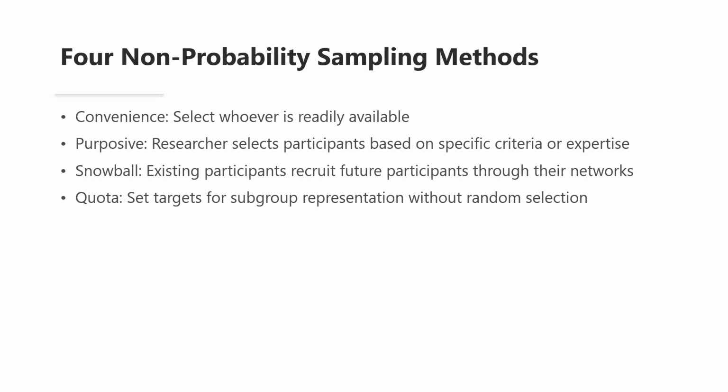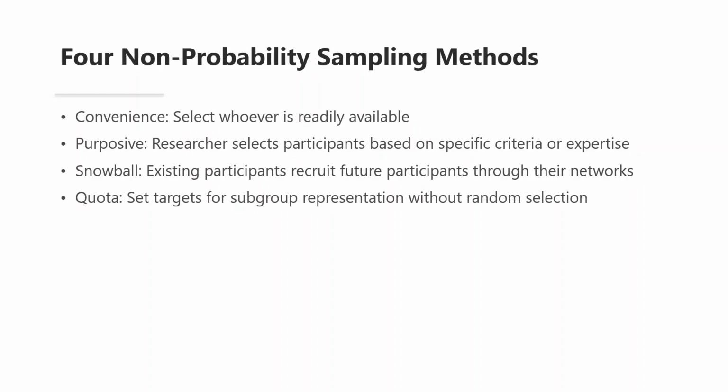statistical generalizability. Snowball sampling, also called chain referral sampling, is one you will definitely want to remember. It starts with a small number of participants who then recruit additional participants from their social networks. This method is particularly useful for reaching hidden or hard-to-access populations such as undocumented immigrants, people who use injection drugs, or individuals with stigmatized conditions.